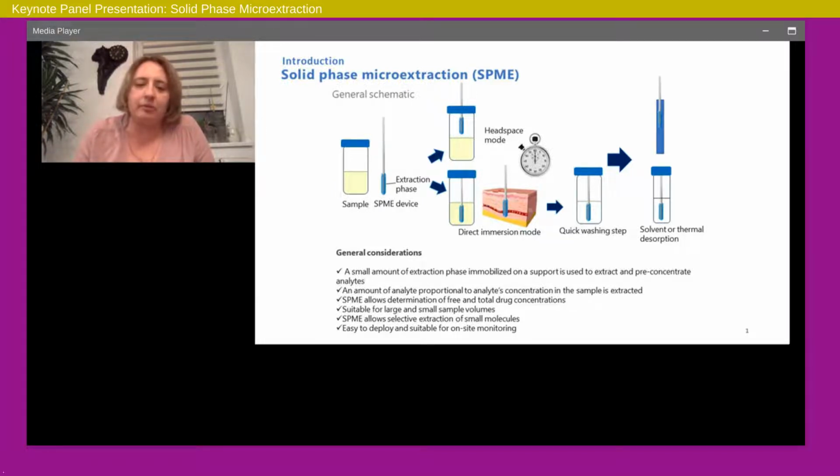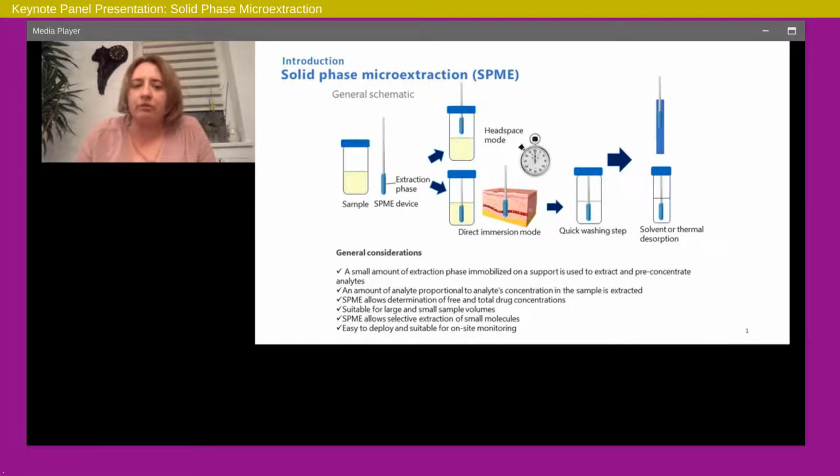I will focus on direct immersion. Headspace is also used mainly, for example, for breath analysis, but also other analyses. Direct immersion is newer because we now have biocompatible fibers. Thanks to that feature, it allows us to insert the fiber directly into the tissue or blood.